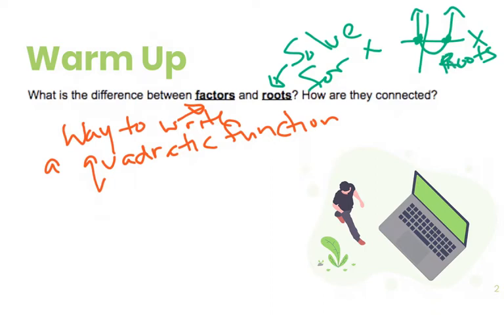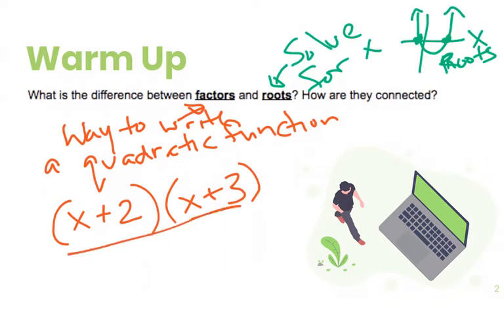Okay, so for example, if I had a quadratic function that was like x plus 2 times x plus 3, this is just a quadratic. I could even put y equals, put that in my graphing calculator and graph it. Whereas a root is actually changing that y into a 0 and solving for the x values.